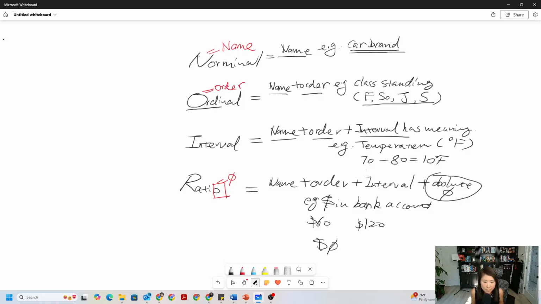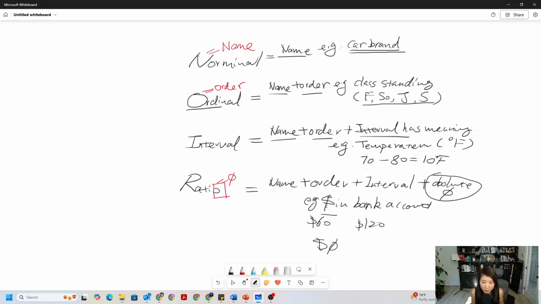So when you're thinking the data are able to use the ratio scale measurement to measure it, that is when that absolute 0 definitely exists. So for the temperature, when we measure by Fahrenheit or Celsius, that 0 just means very cold. It does not mean we don't have temperature. So in that scenario, we cannot use the ratio to measure it. We actually use the interval scale measure to measure it.